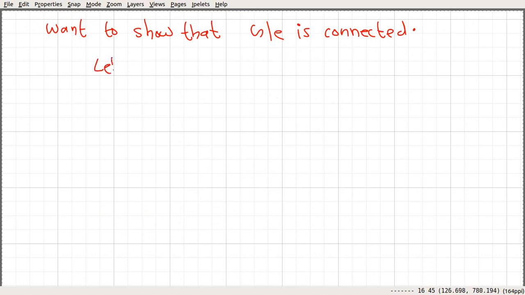Let's consider two arbitrary vertices x and y, elements of the vertex set of G minus E. We know that the graph G is connected, so there exists an xy path in our original graph G. If we are able to show that we can find a path from x to y for any arbitrary vertices x and y in G minus E, then that says G minus E is connected.